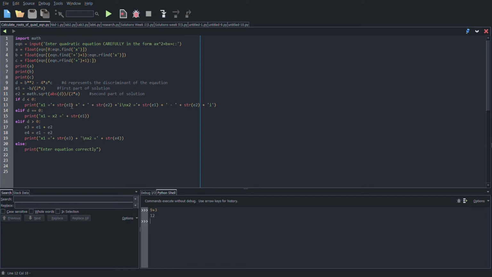You print out this other thing, string e1, converting the e1 that you calculated up here back into a string, then you print it out after the equal sign, and then you print out plus, and then e2, and then i. So i is to say that the number is a complex number.